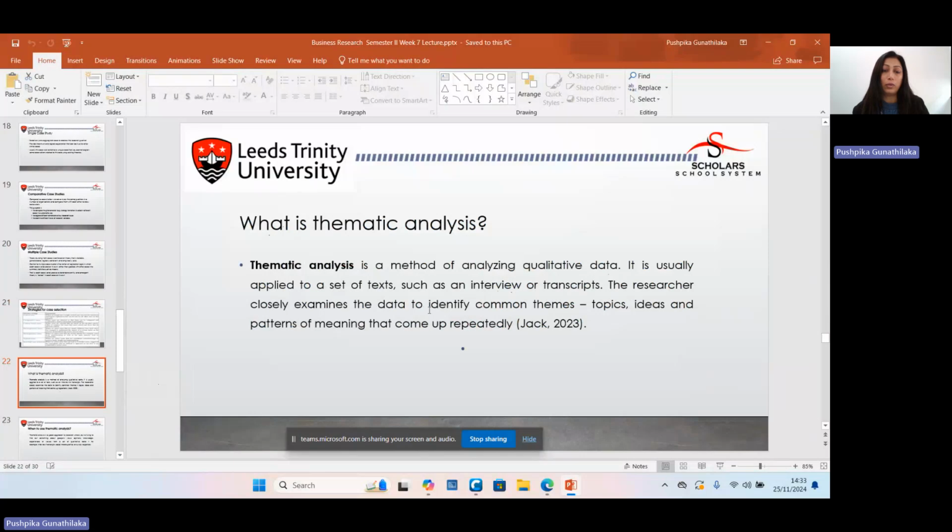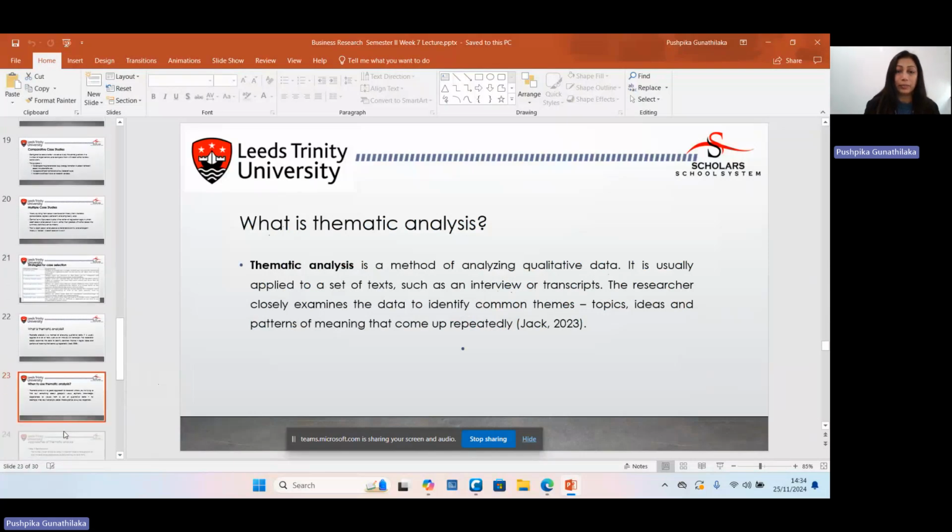The researcher closely examines the data to identify common themes, topics, ideas, and patterns of meaning that come up repeatedly. So when certain themes are repeated over and over again in the questionnaires and the transcripts, you will find them as main themes to be finalized. So this is called thematic analysis.